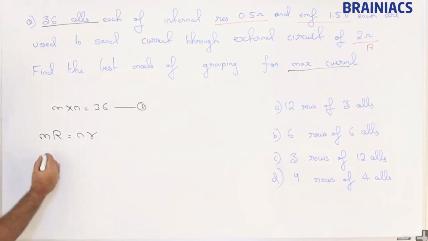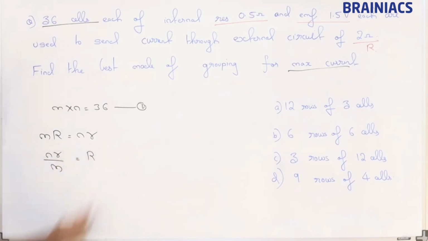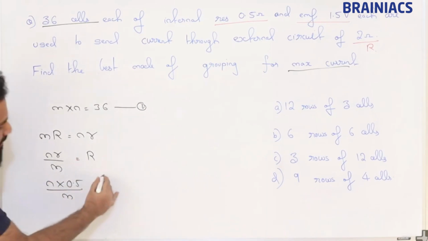Correct? So let's take NR by M. NR by M is equal to capital R. N we do not know, M we do not know, but we know internal resistance. So N into 0.5 divided by M is equal to this capital R, given as 2.